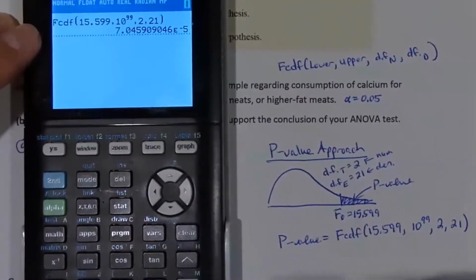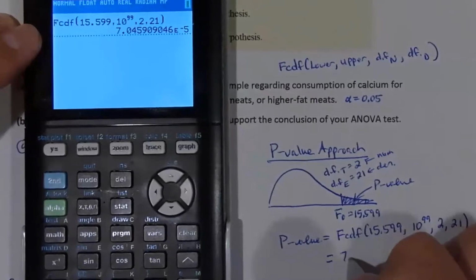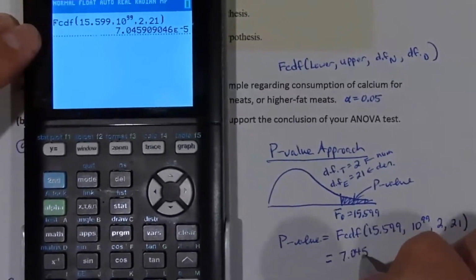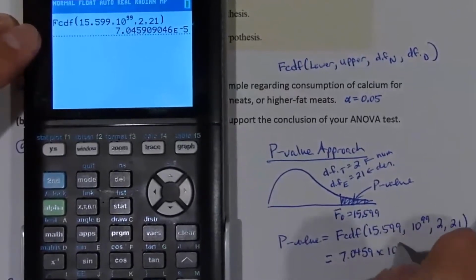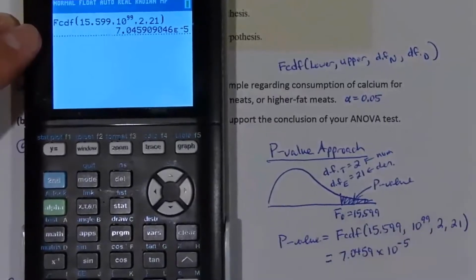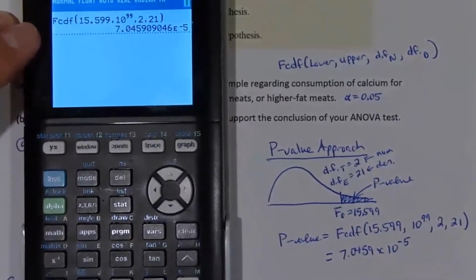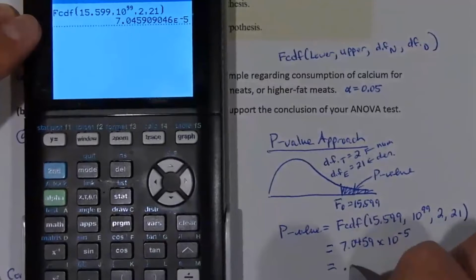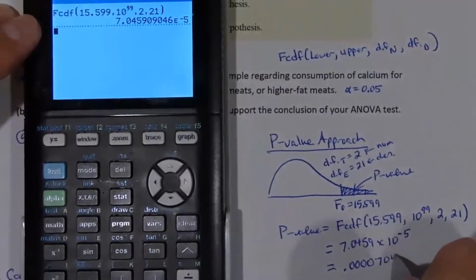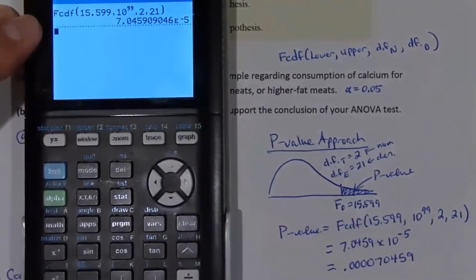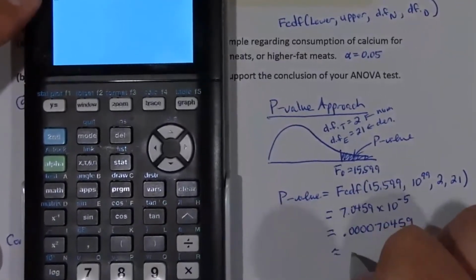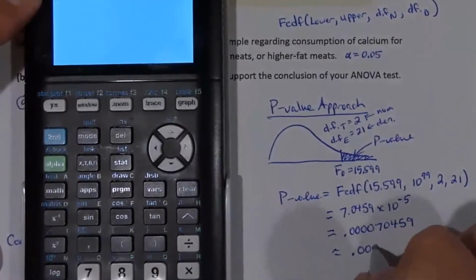When I hit enter, that is 7.0459 times 10 to the negative 5 power. That's scientific notation. So this would really be 0.000070459. And if I round that to 4 places like we normally do, that would be 0.0001.